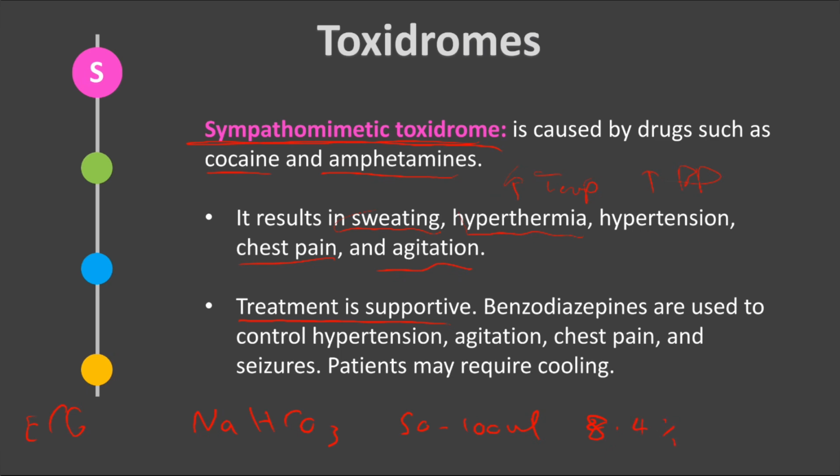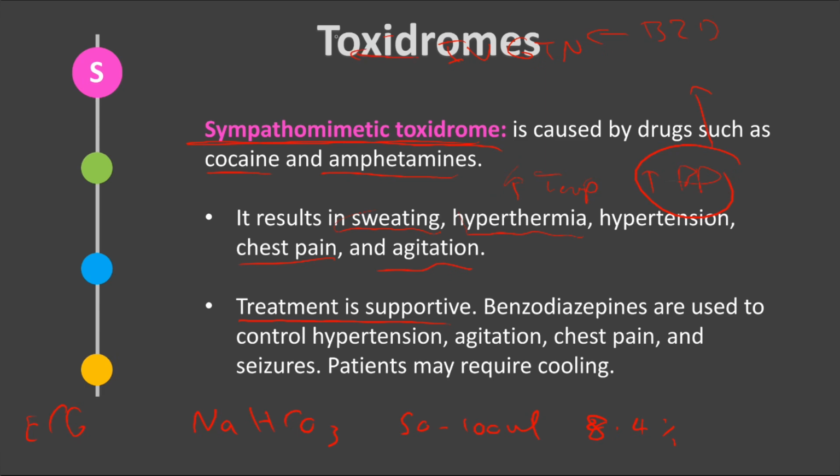If there is sinus tachycardia, you may give them benzodiazepine. If the patient has elevated blood pressure, you give them benzodiazepine. If not treated, then you have to give IV GTN, or even first you can start with sublingual.